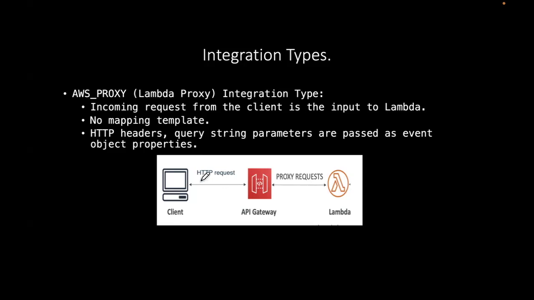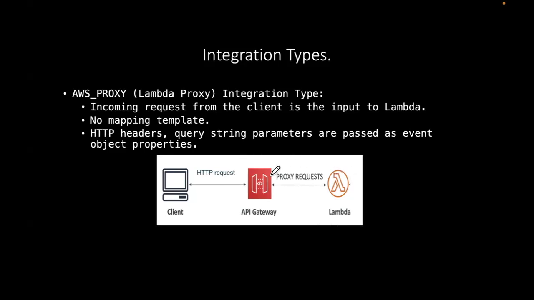Now, we've got an HTTP request hitting our web API, and there does need to be a transformation before that request can be passed on to our Lambda. We know that the Lambda expects an event object. So how do we transform our HTTP request into an event object?